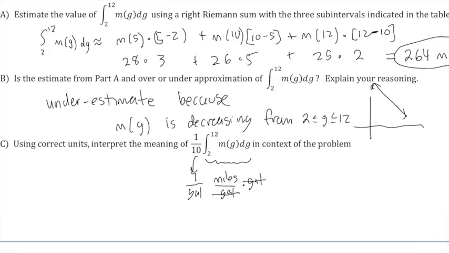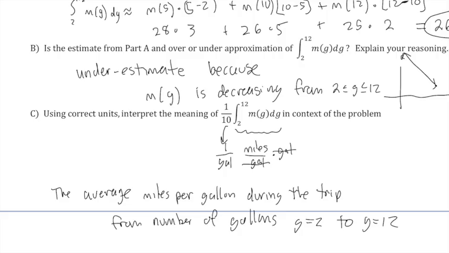So if these cancel, look at what our units are. They're still in miles per gallon. So this is the average miles per gallon on the trip from 2 to 12. That's the formal explanation: the average miles per gallon during the trip from the number of gallons g equals 2 to g equals 12. And that is it for part 2.